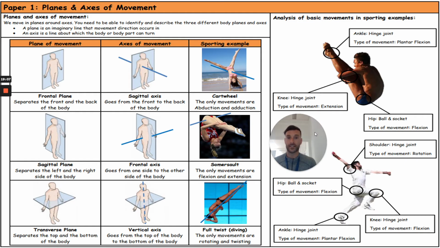The frontal axis is like doing a forward flip, a somersault, a forward roll, and that is the frontal axis, a forward rolling system. Sagittal plane, frontal axis. And finally, the transverse plane is linked to the vertical axis, and examples in sport are doing a full twist. Okay, you need to be aware of that. Look at the picture on the right, it's basically a way of analysing the basic movement in sport examples. Next slide.